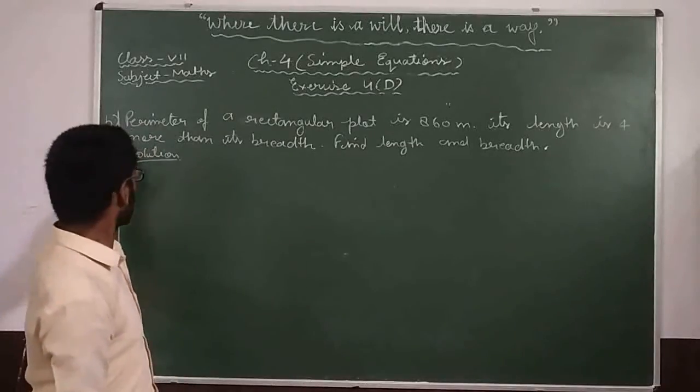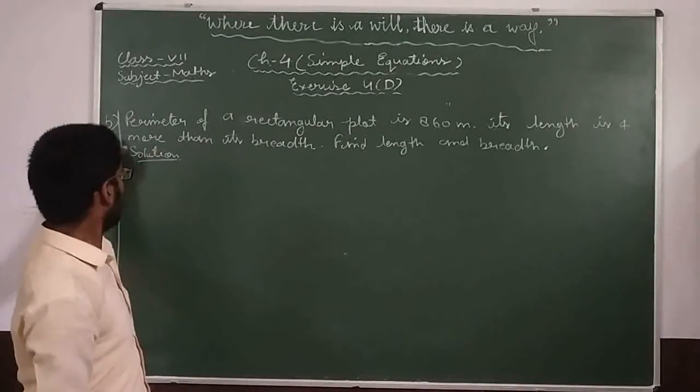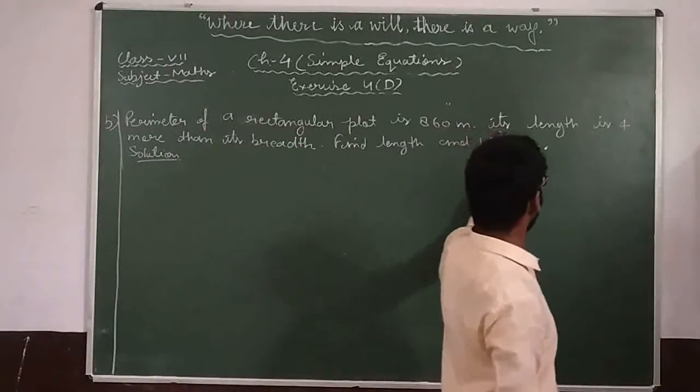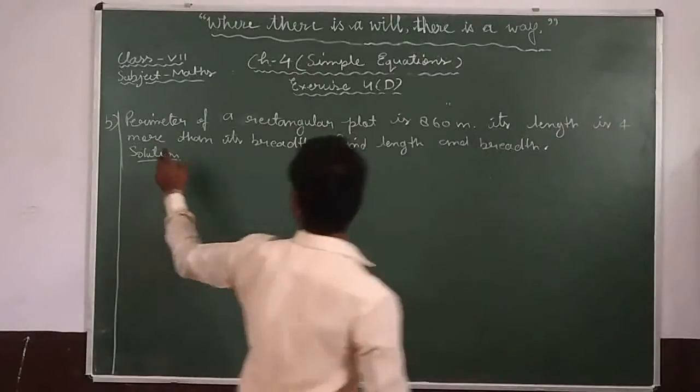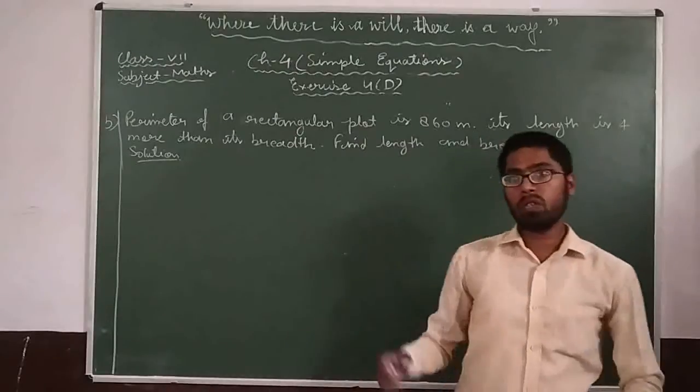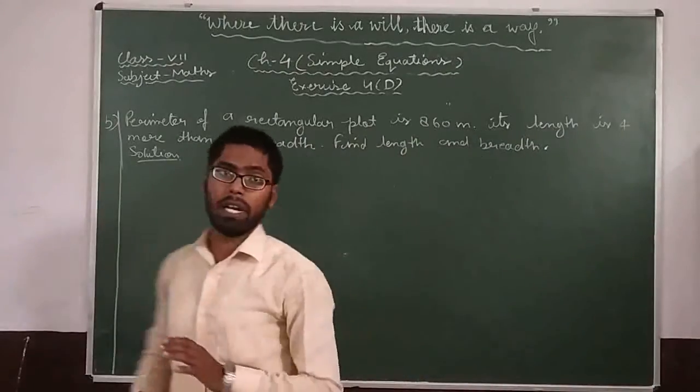With your next question, part B. Perimeter of a rectangular plot is 860 meters. Its length is 4 more than its breadth. Find length and breadth. Okay. So here the length depends upon its breadth.